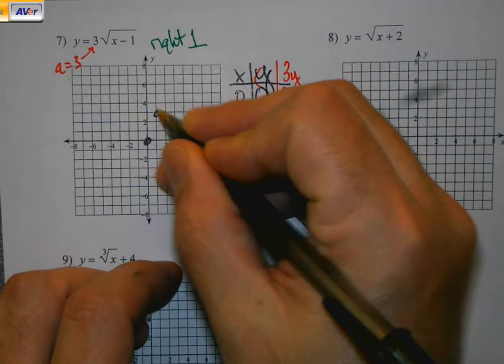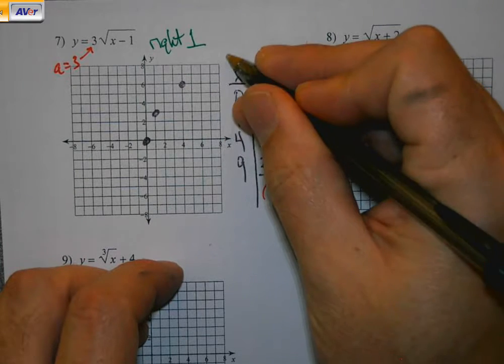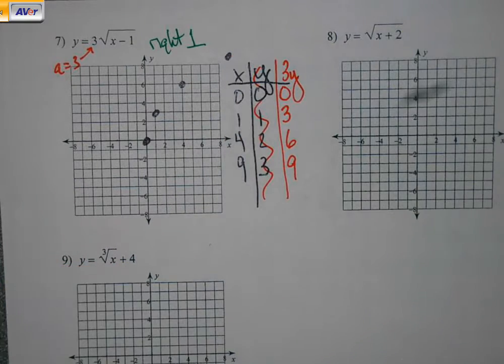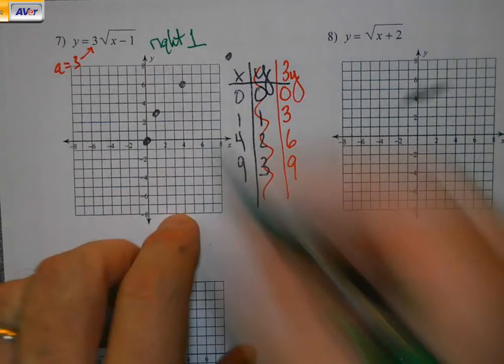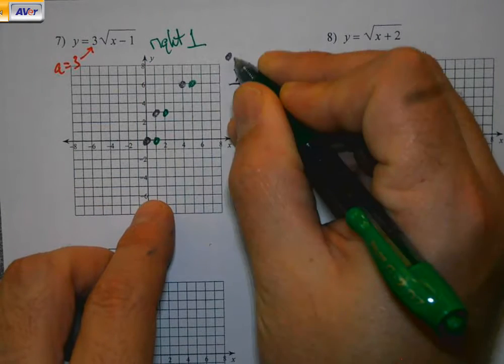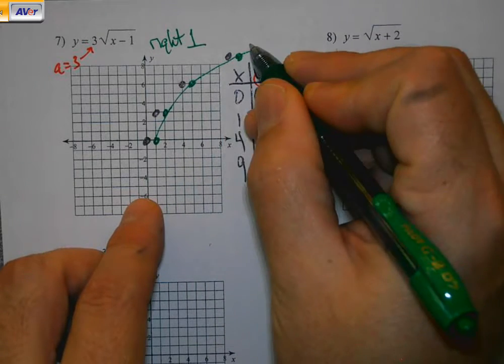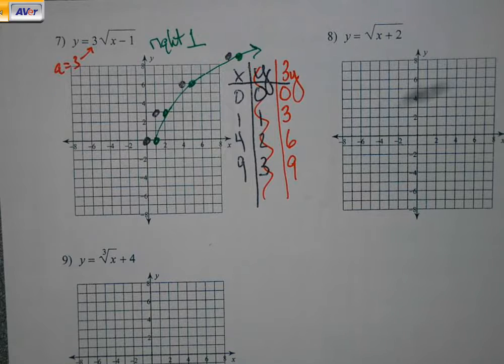Now I know some of these get a little bit tricky to get on the page because they're going a little bit off here, but just kind of work with it as best you can. And if you go parent pointing like we did here, now I'm just going to move them all right 1, or shift. And get my graph drawn in.